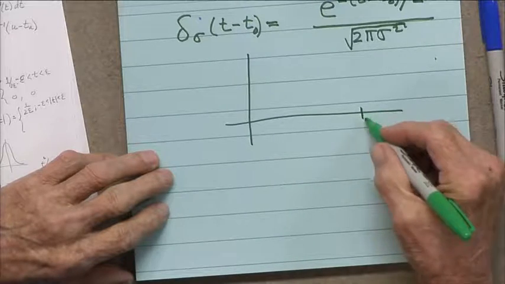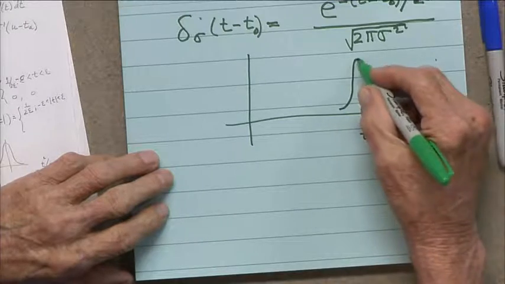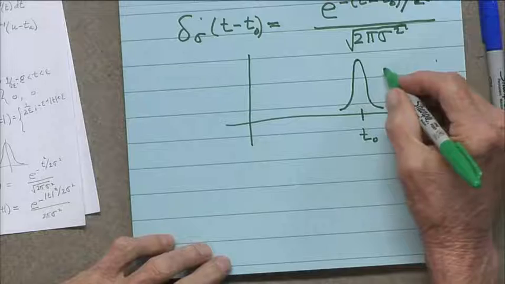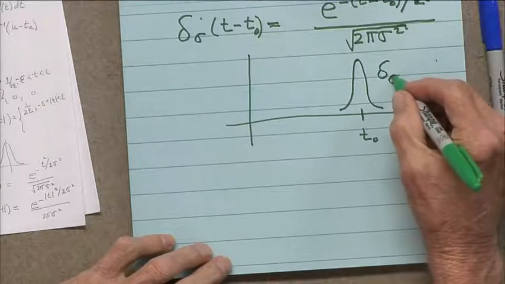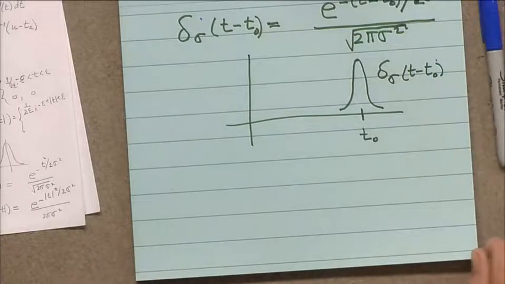And so I'm looking out at t0 and I see this impulse there, delta sigma of t minus t0. See it there?